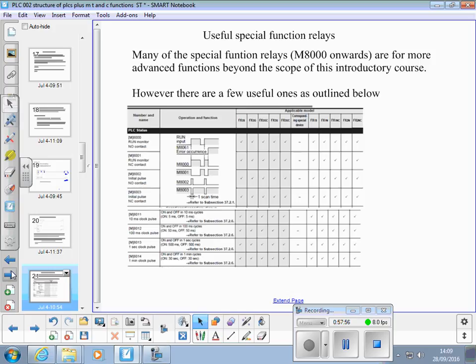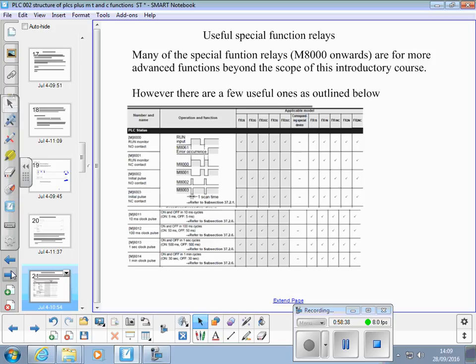And then you've got four here that are useful clock pulses. You've got a 10 millisecond, a 100 millisecond, a 1 second, and a 1 minute clock pulse. So on, off, once every one of those time periods. And back in the olden days, when there weren't so many hundredth of a second resolution timers, I actually used the 10 millisecond clock pulse to create some extra 0.01 resolution timers for a particular application.